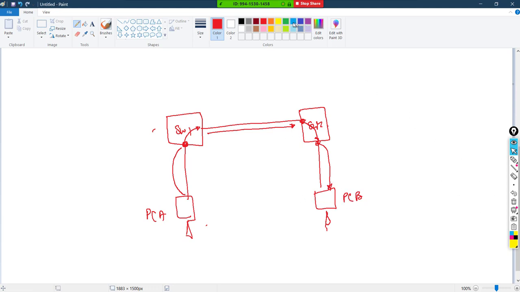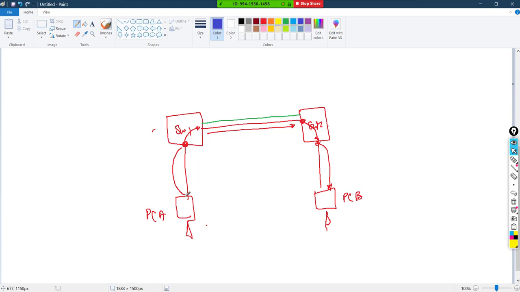Now, as I told you, there is a requirement for extra packet transfer, so I connect one more cable. Here we can see some issues happening.